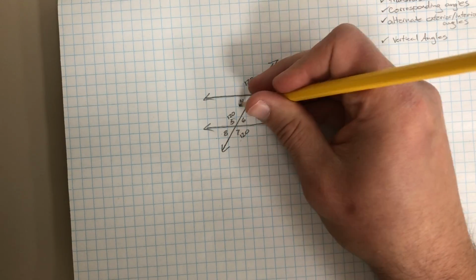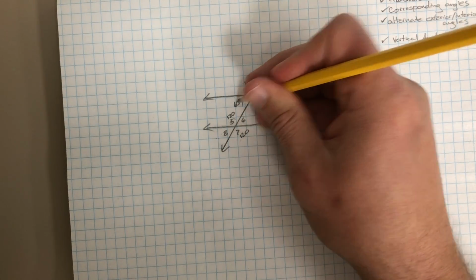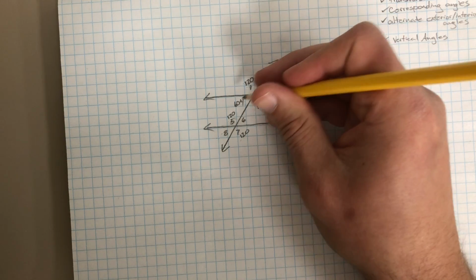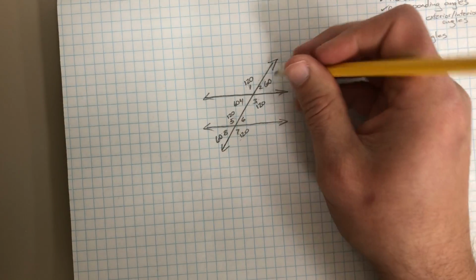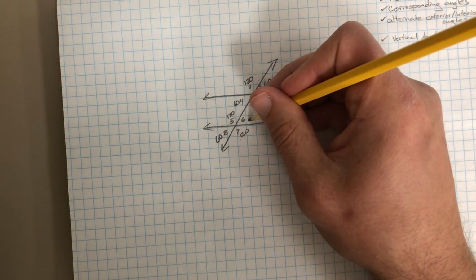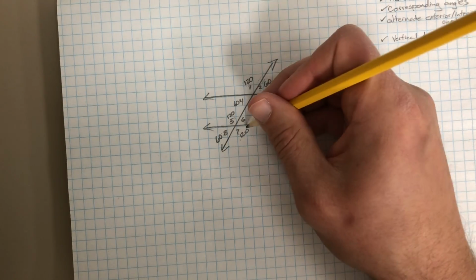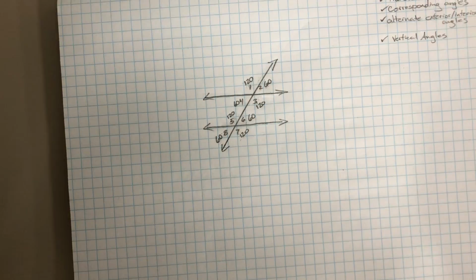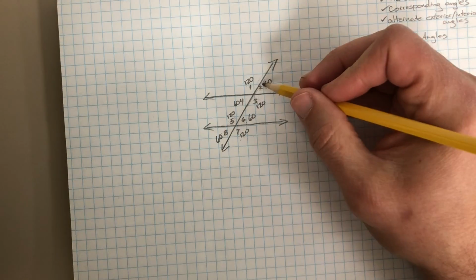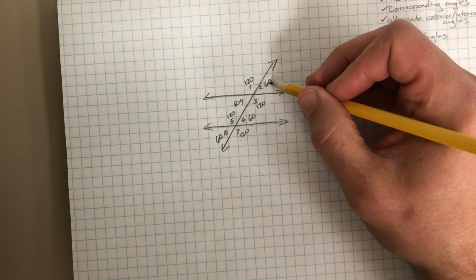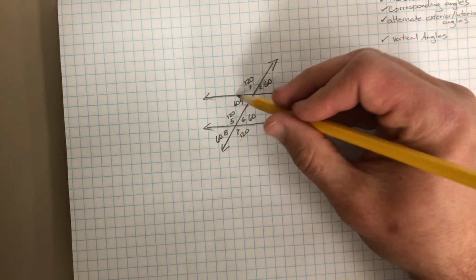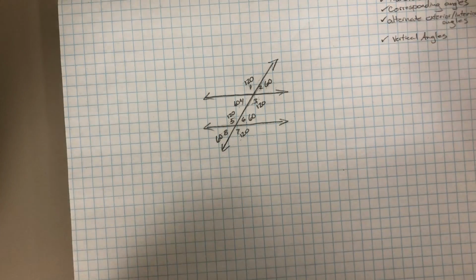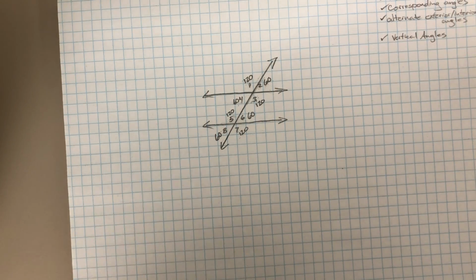If this is 60, vertical angles means this is 60. If this is 60, alternate exterior means 8 is 60. And if this is 60, corresponding angles, this would also be 60. And notice these two form a straight line, 180 degrees. These two form a straight line, 180 degrees. These two form a straight line, 180 degrees, and so on and so forth. Okay? So there's your review on transversals.